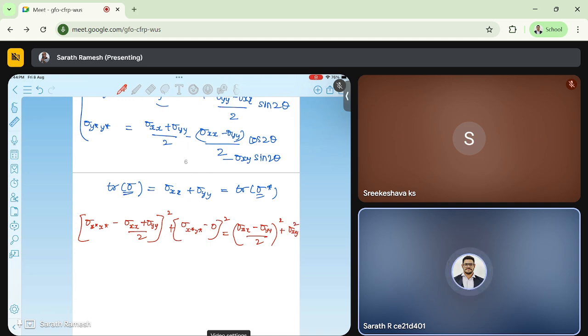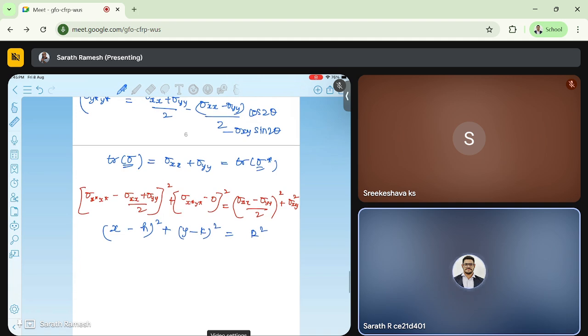So this is the equation of a circle, where we have x minus h the whole square plus y minus k the whole square equal to r square. h comma k is the center of the circle, r is the radius of the circle.